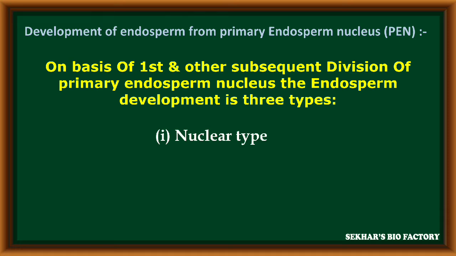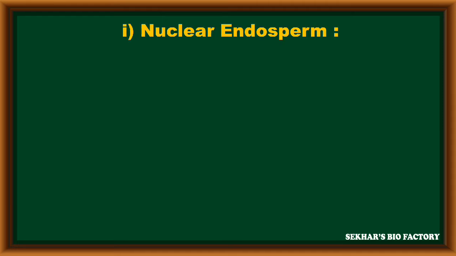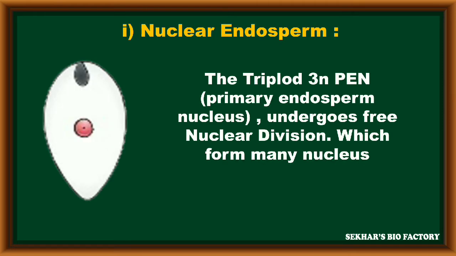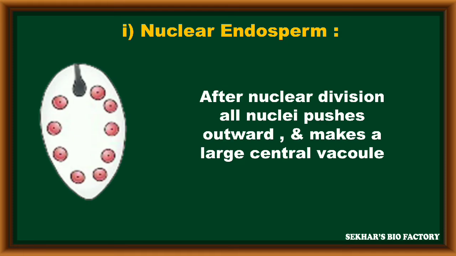The first type is nuclear type, the second type is cellular type, and the third type is helobial type. In nuclear endosperm development, the triploid primary endosperm nucleus undergoes free nuclear divisions to form many nuclei.